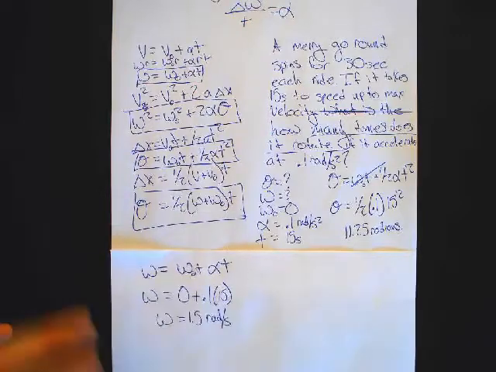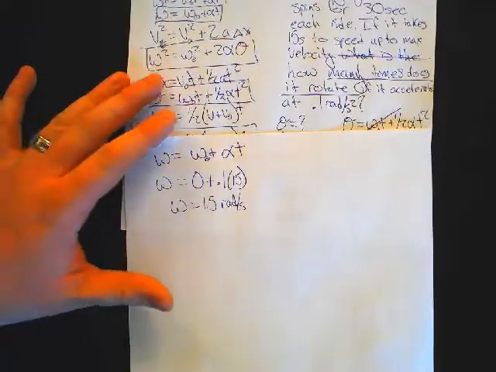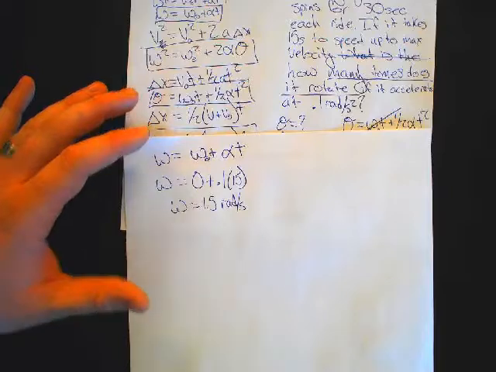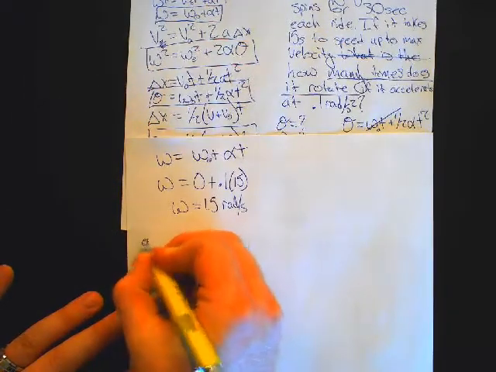This is where we see centripetal acceleration come into play. Centripetal acceleration is the acceleration that acts inwards on a circle that causes an object to continue in circular motion. Let me rewrite that.